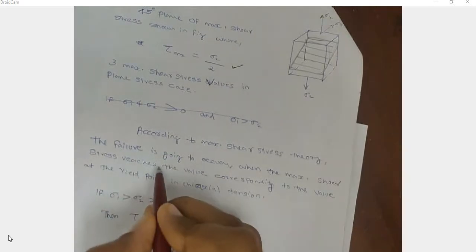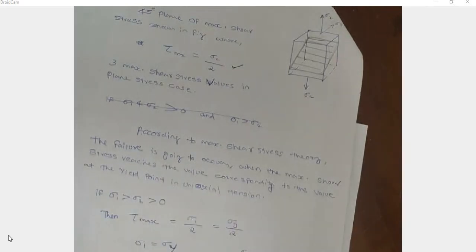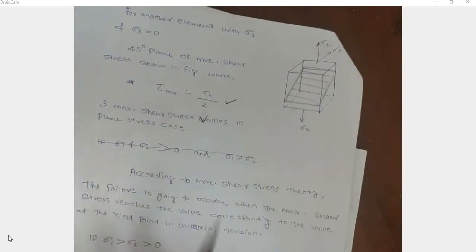According to the maximum shear stress theory, failure is going to occur when the maximum shear stress, calculated under different conditions, reaches a limit. The first condition is tau maximum equal to sigma 2 by 2. Another condition is tau maximum equal to sigma 1 by 2.